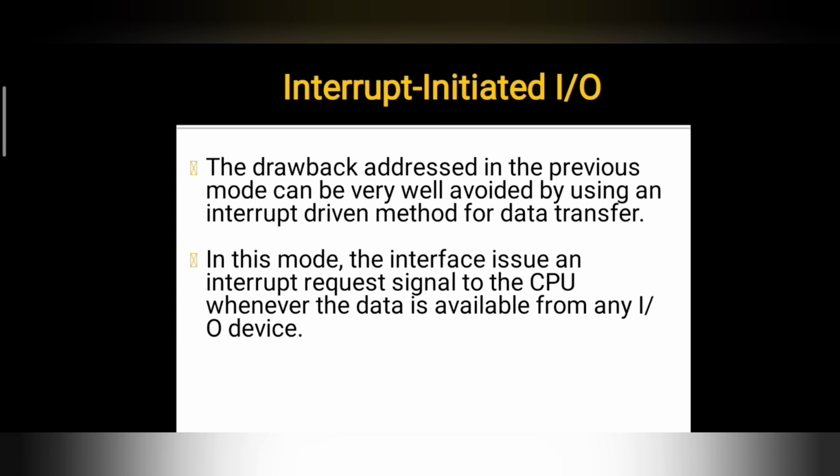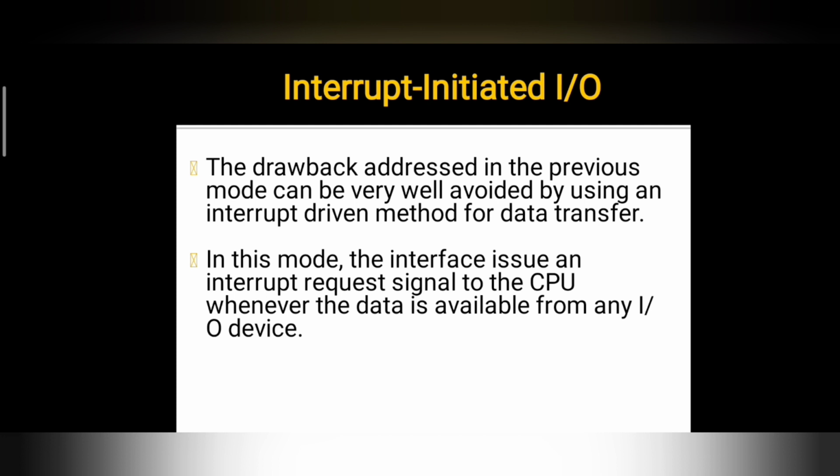The drawback which I addressed in the previous mode can be avoided by using an interrupt driven method for data transfer. So this mode has overcome the problem addressed in the previous one. In this mode, the interface issues an interrupt request signal to the CPU whenever the data is available from the IO device.